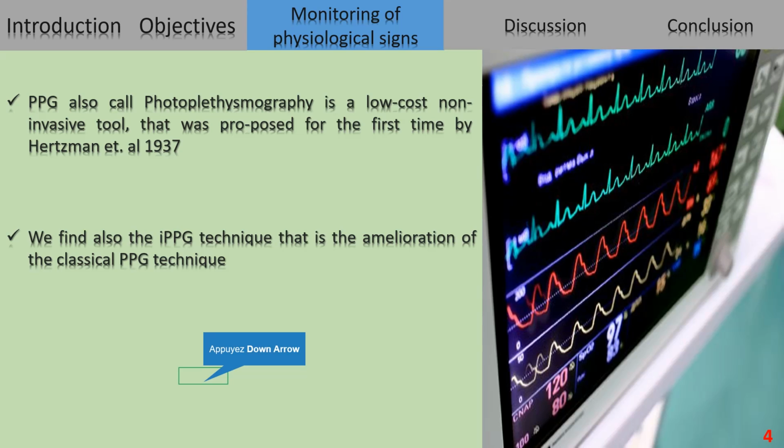This technique is now widely used in biomedical engineering, and gives good results in measuring heart rate, respiratory rate, and saturation. Thanks to its simple use and low cost, we also find the iPPG technique, which is the improvement of the classical PPG technique.